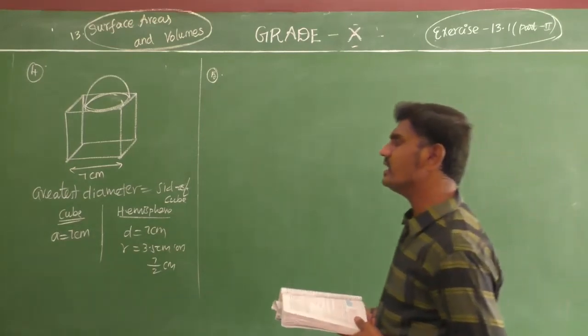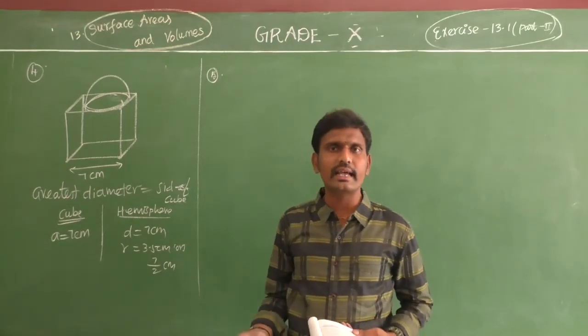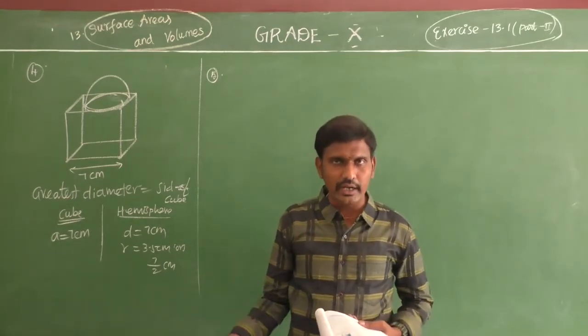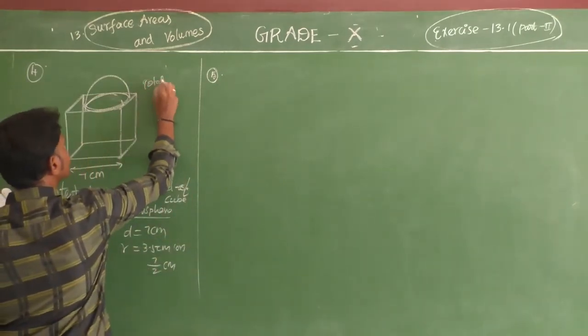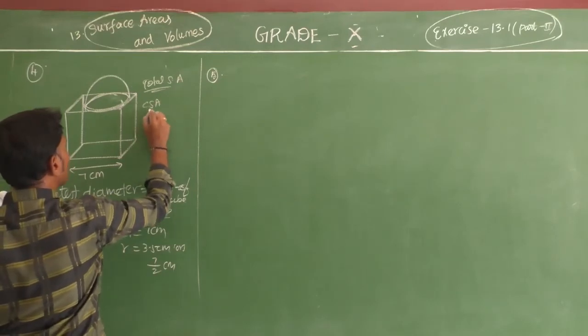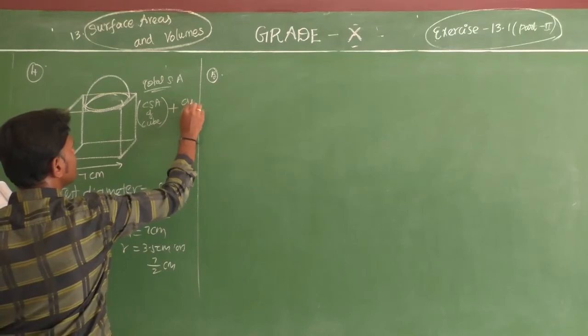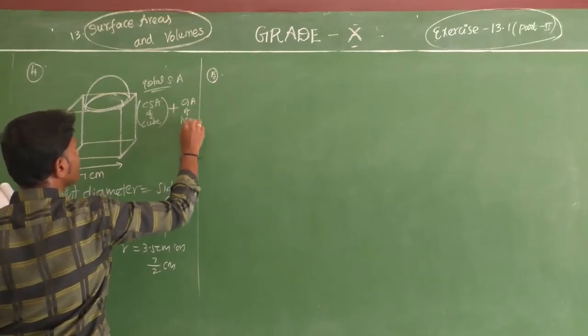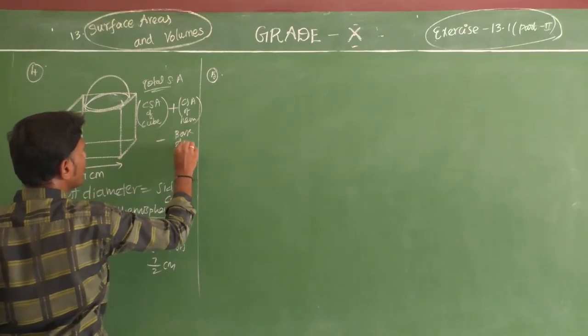So the surface area of the solid, from the same point of view as the previous question. Total surface area of the solid is equal to CSA of cube plus CSA of hemisphere minus base area of hemisphere.